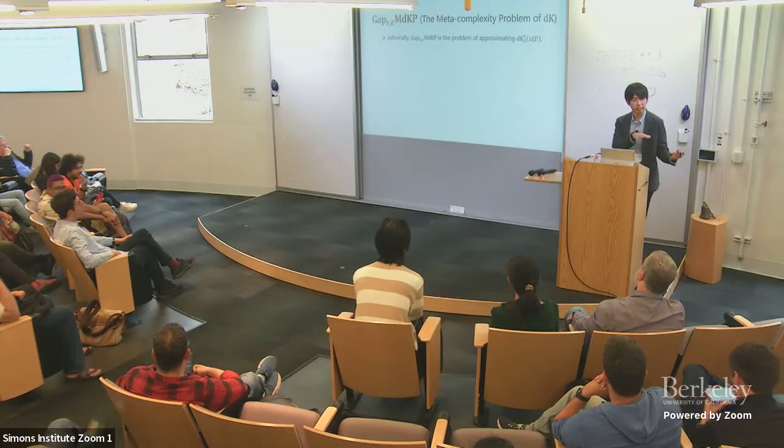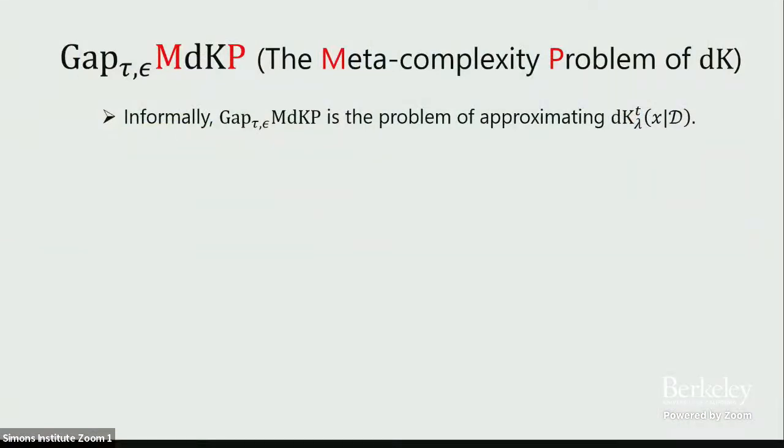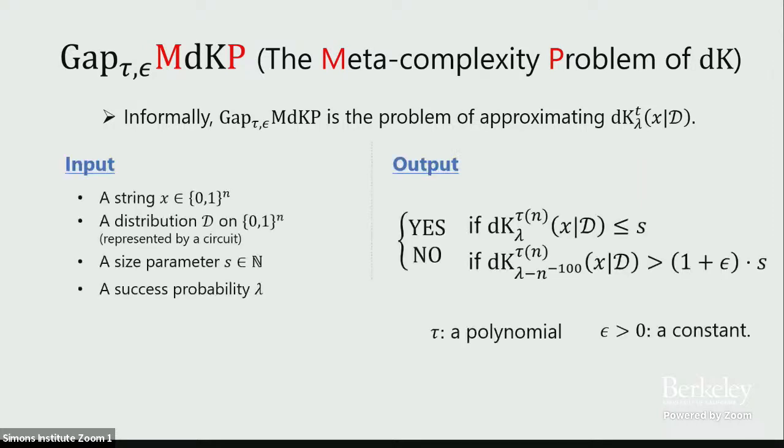So this is just the definition of distributional Kolmogorov complexity. Now let's consider the meta-complexity version, which I call gap MDKP. This is the problem of approximating distributional Kolmogorov complexity, and this is the formal definition. You are given a string X and a distribution D, represented by a Boolean circuit, which is how you can describe a distribution as an input. You are also given a size parameter S and a success probability lambda. Your task is to decide whether it's a yes case or a no case.